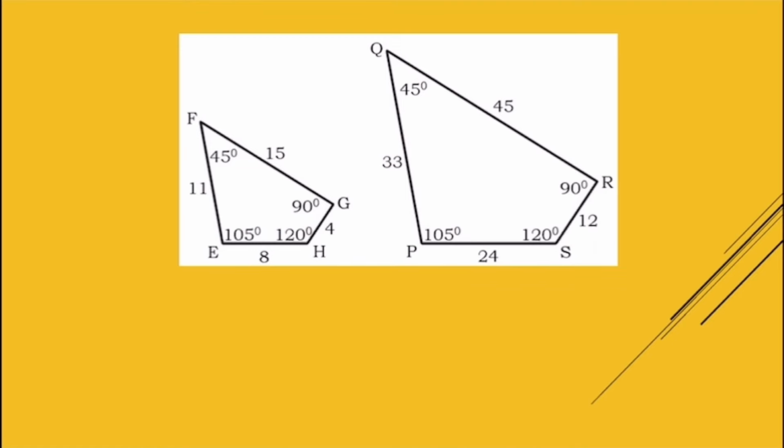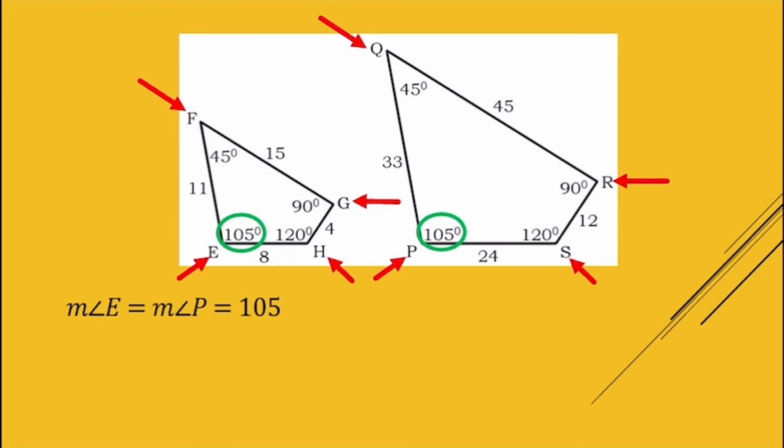The corresponding angles of quadrilaterals EFGH and PQRS are angle E and angle P, angle F and angle Q, angle G and angle R, and angle H and angle S. Notice that the degree measure of angle E is equal to the degree measure of angle P, which is 105 degrees. Therefore, angle E is congruent to angle P.